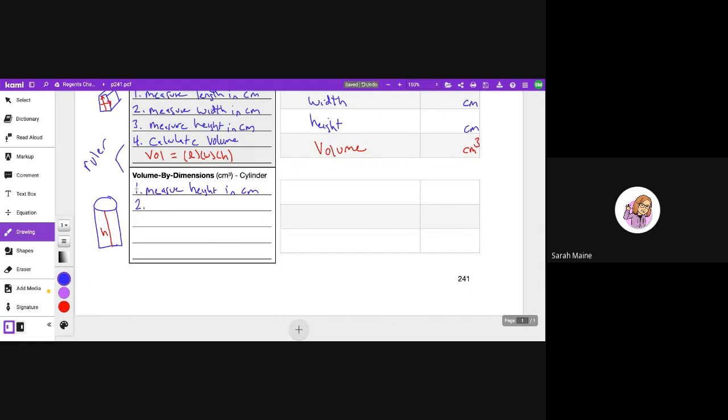Step two, the other dimension that you are able to measure with a ruler is the diameter, also in centimeters. And so the diameter is the longest chord across the face of a circle.